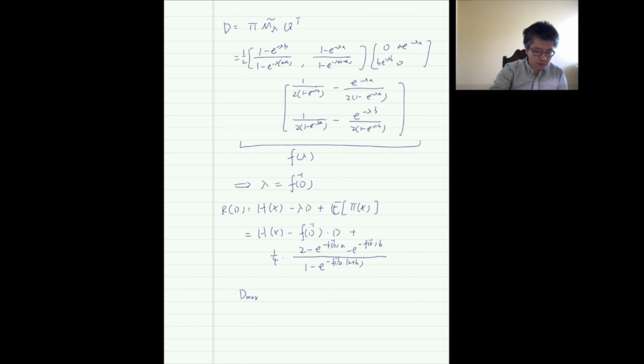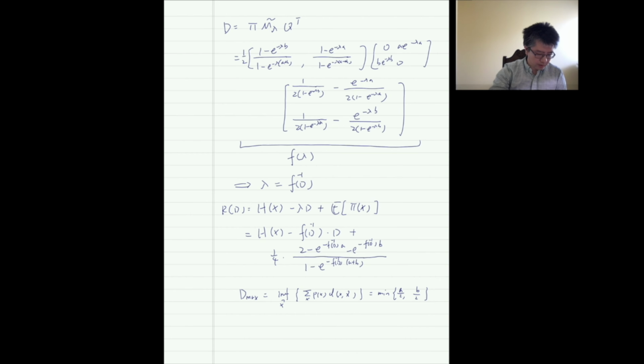So d max, by definition, is just the infimum over x hat of this. We know px is half, therefore this equals the minimum between a half and b half.